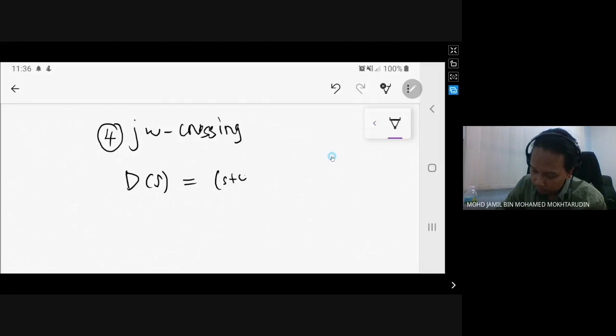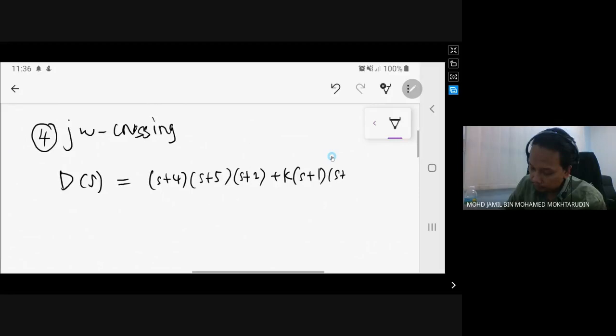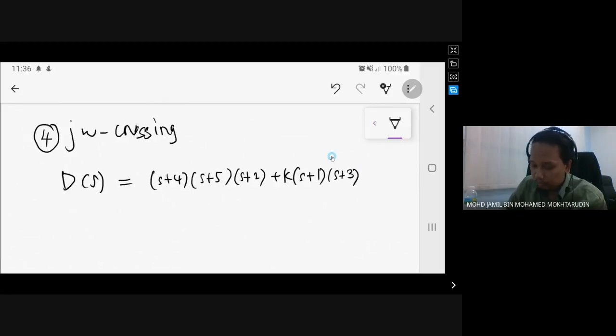s plus 4, s plus 5, s plus 2, plus k, s plus 1, s plus 3. Okay, simplify first.